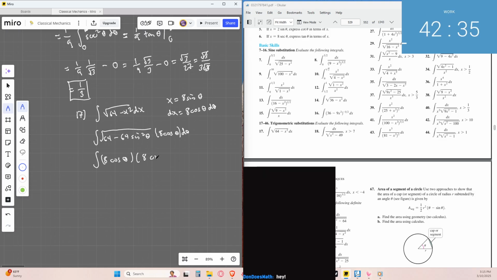Then we're going to multiply these together to give us cosine squared theta.